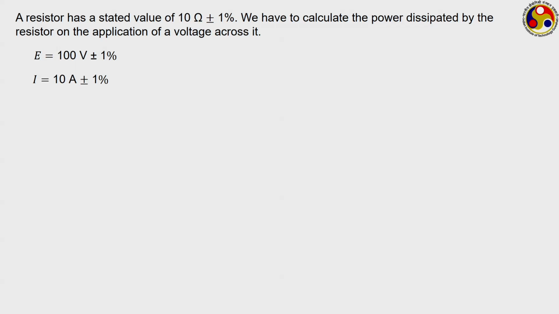Now, power we can calculate in two ways. We can calculate power as an I square R term. We can also calculate power as an EI term. In the first case, we have to measure only the current. In the second case, we have to measure current and voltage both. Try to solve for both the cases and see which one is giving how much uncertainty.